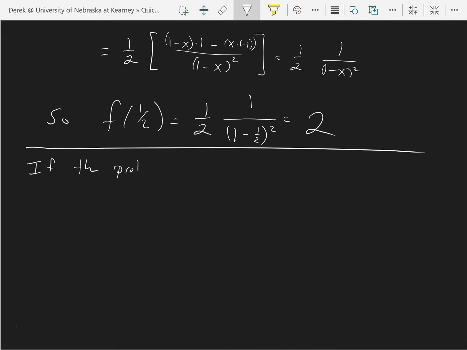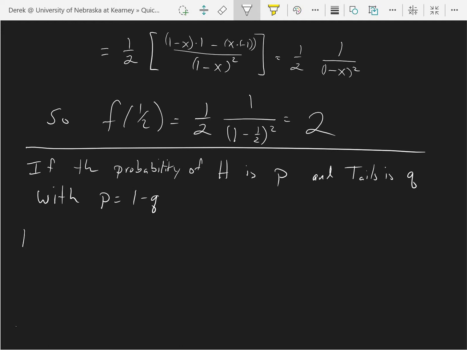So let's say the probability of heads is P, and tails is Q, with P equals 1 minus Q, right? I need the probabilities to add up to 1. Okay.